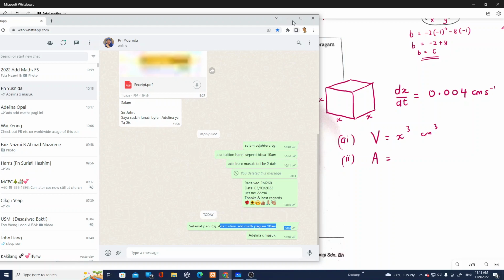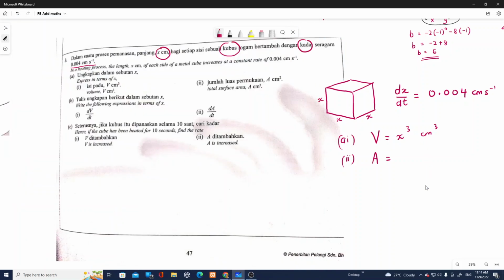Syed, ya. Sekejap. Ada jawapan dia? Kubus ada berapa muka? Kubus ada 6 muka kan? Jadi luas satu muka berapa? Okey. Luas satu muka kubus tu berapa?